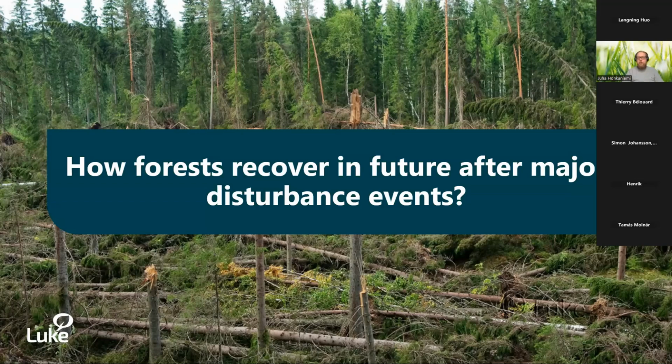How would forests then recover in the future if we face a major disturbance event? And I'm talking now about those spikes in the RCP 8.5 or even bigger events.